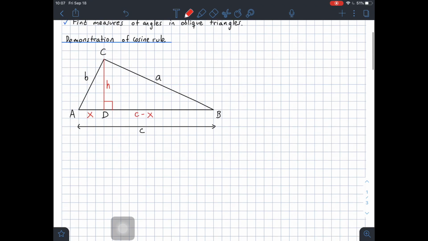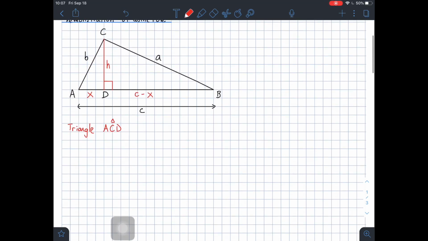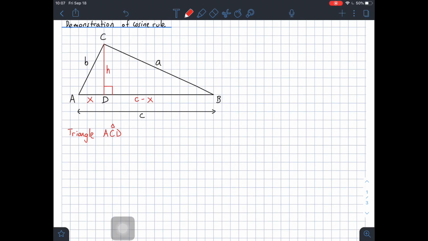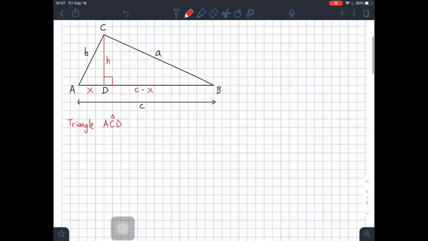So first of all, we're going to work with triangle ACD, which is this small triangle over here, which is a right angle triangle, right? Because this is also a right angle right here. So if we work with triangle ACD, I'm going to use the Pythagorean theorem to find our first relationship.